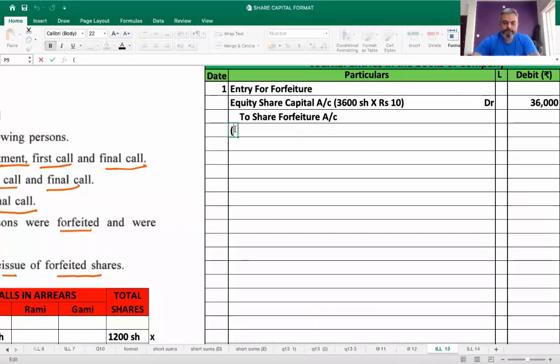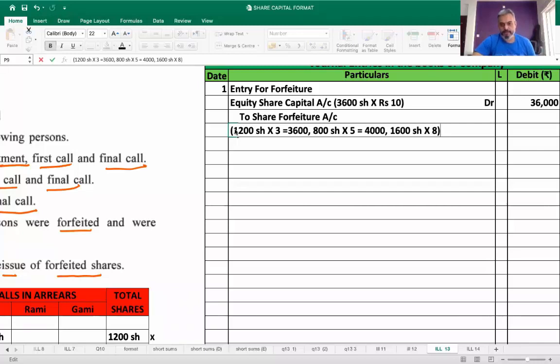So let's write. 1200 shares into, we forfeited the application amount into 3, which is equal to 3600. Then for next 800 shares, we forfeited rupees 3 plus 2, 5, is equal to 4000. And for 1600 shares, we forfeited rupees 3 plus 2 plus 3, that is 8.